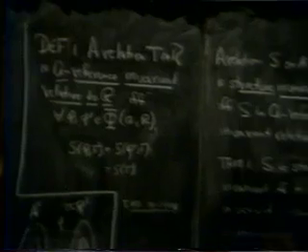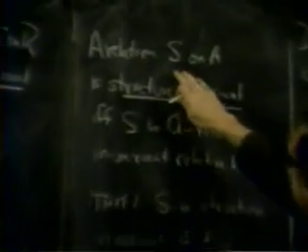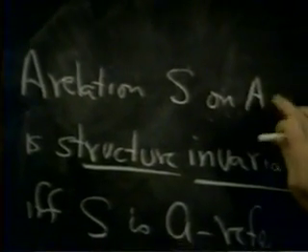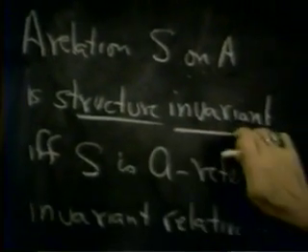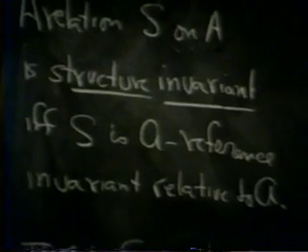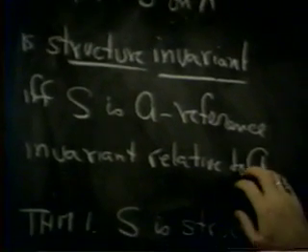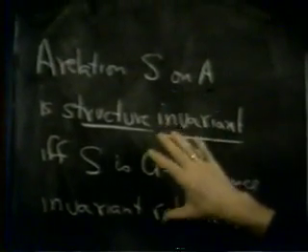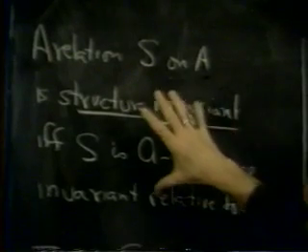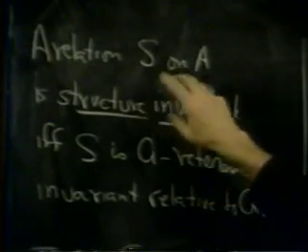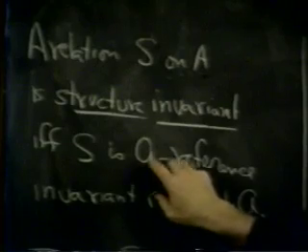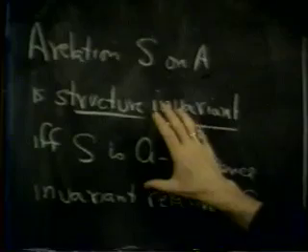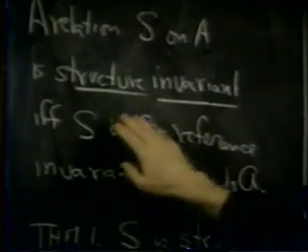I will also say that a relation S on the set A is structure invariant if S is A reference invariant relative to A. That is, I now am looking simply at the endomorphisms of the space script A, and any relation that is invariant under those endomorphisms I will call structure invariant.